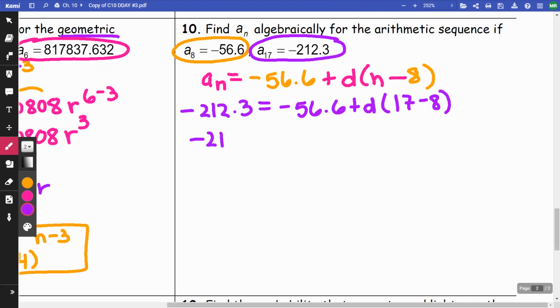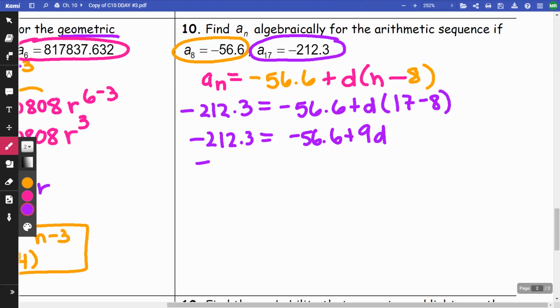So let me just clean that up real quick. So when I do that, I'm going to end up with 17 minus 8, which is 9. So I'm going to get a 9d. I'm going to add 56.6 to both sides. So I'm going to take a negative 212.3, and I'm going to add 56.6.